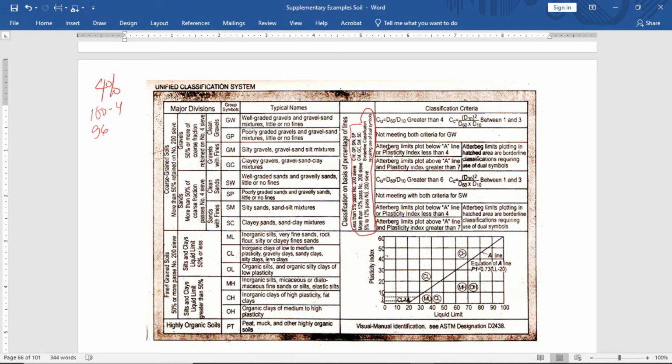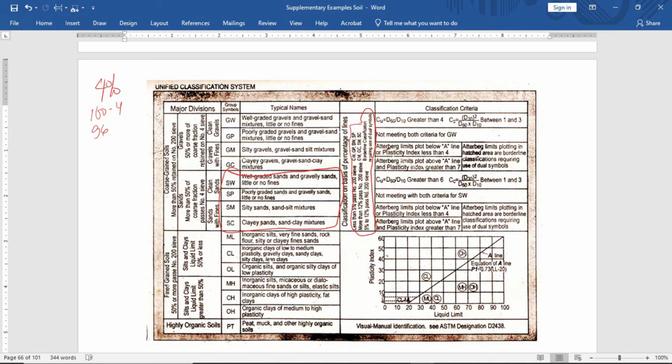More than 12% passing number 200 sieve is GM, GC, SM, SC. We go with less than 5% passing number 200 sieve, because our finer is only 4%. So 4 is less than 5%. So we go to GW, GP, SW, and SP. We only look at these four because they are the ones we can use, based on the condition here.